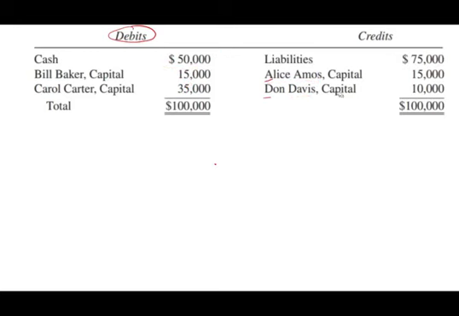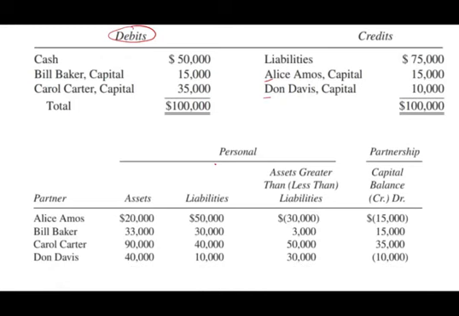We have to know what personal assets they have. Okay? Well, here's the situation. Amos has 20,000 of assets and 50,000 of liabilities, and those are personal. So notice, in the business, Amos has a 15,000 credit balance. However, on his personal side, he was very not responsible. He has a lot of debt.